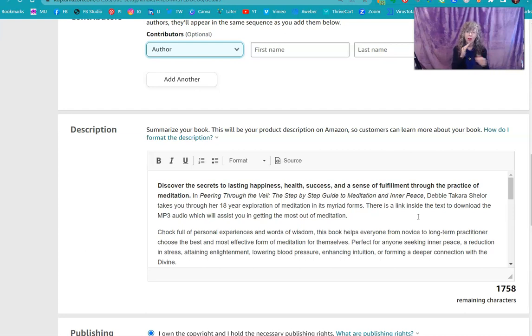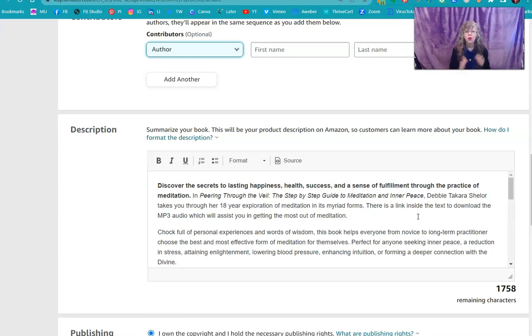You use that whole space because it's sales copy, basically. You're trying to grab their attention. You're trying to give them compelling reasons that they want to read the book, and you're also trying to put in the text words that they might be searching on Amazon, these keywords. I've never liked the word keyword because it often means more than one word, right? So I like the word key phrase because that's often what it is.